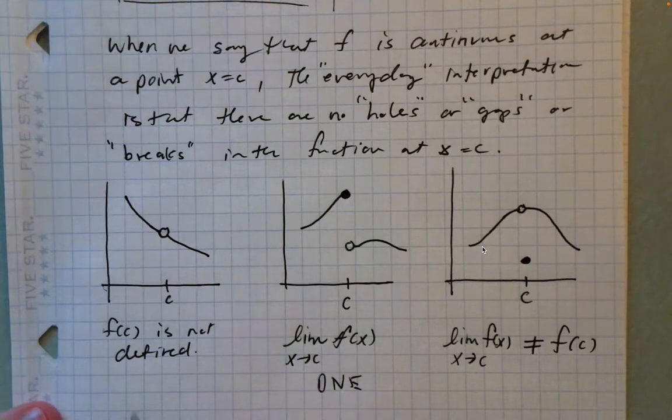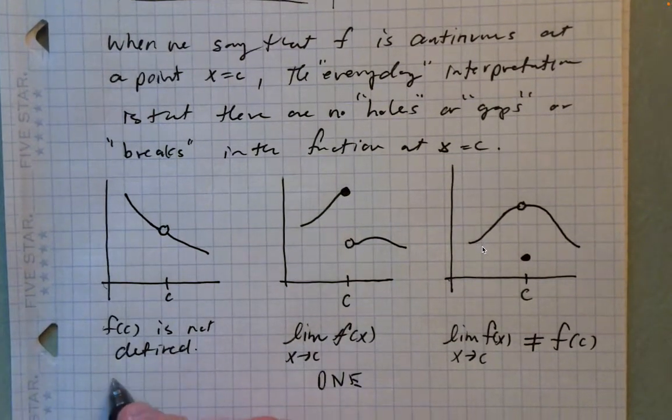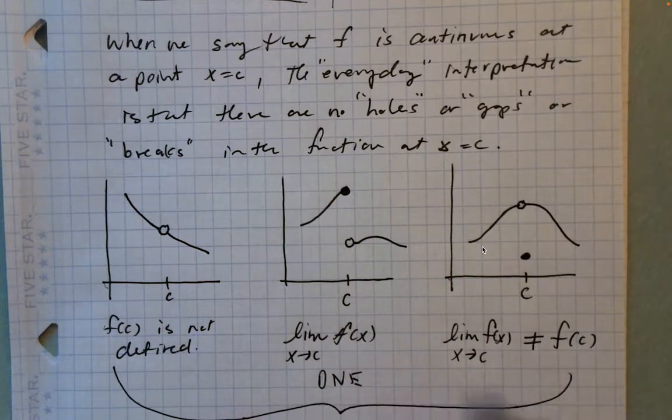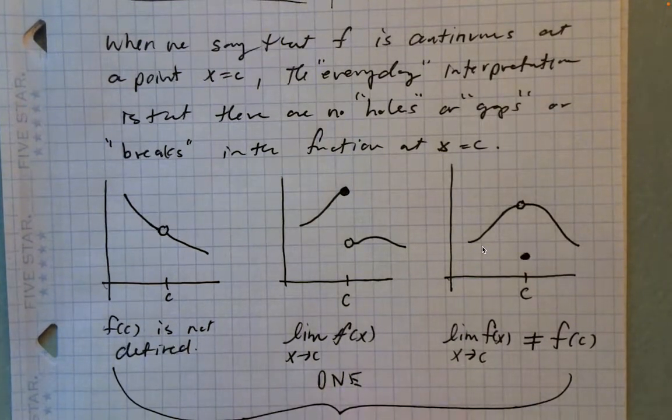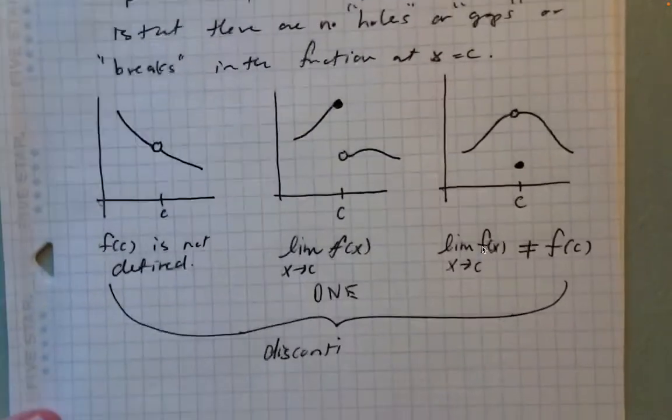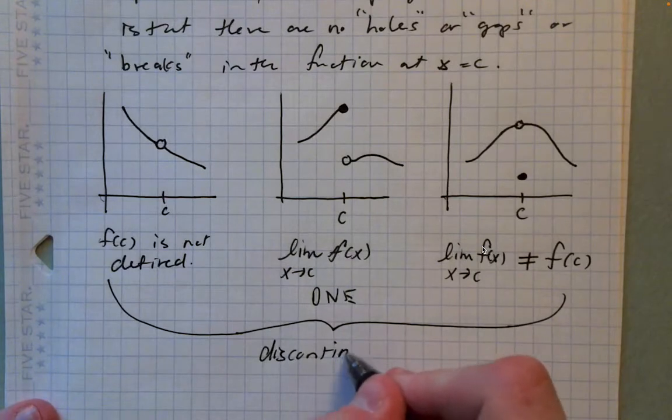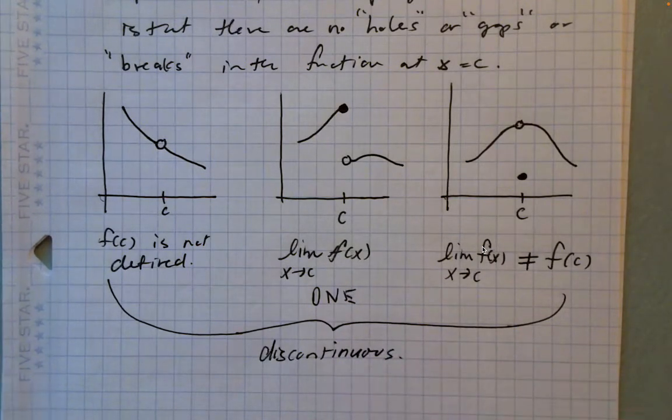So each of these instances are examples where a function is discontinuous. These are examples of discontinuities, discontinuous just meaning not continuous.